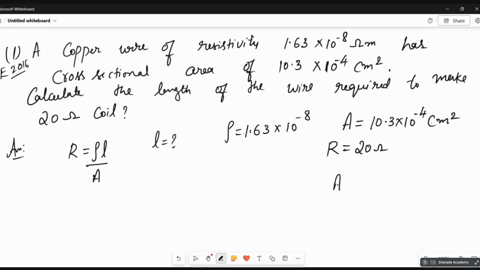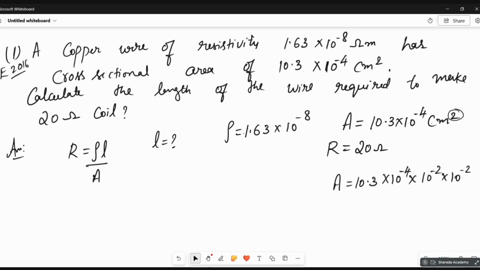So area, I can write it as 10.3 into 10 power minus 4 into, since it's square, if you convert from centimeter to meter, it is multiplied by 10 power minus 2. Since it is square, I have to multiply by 10 power minus 2 into 10 power minus 2.